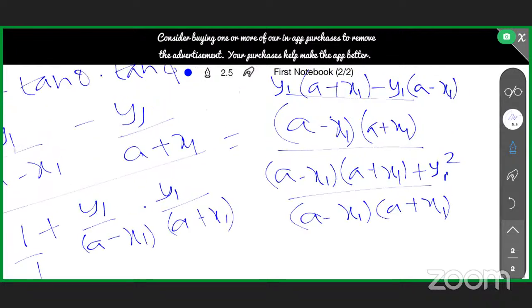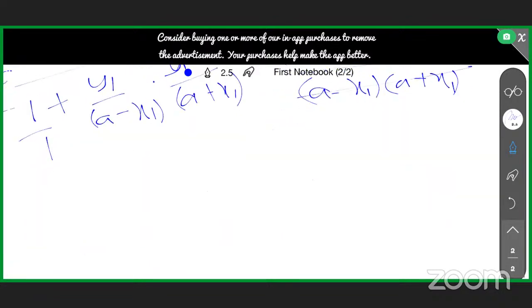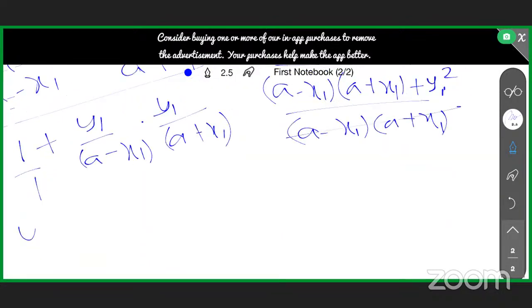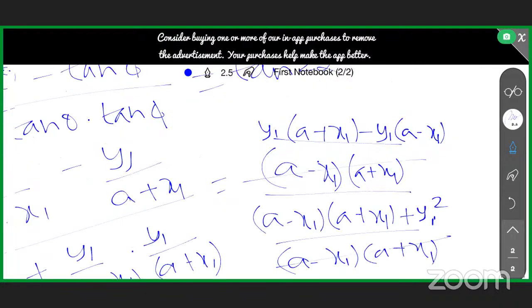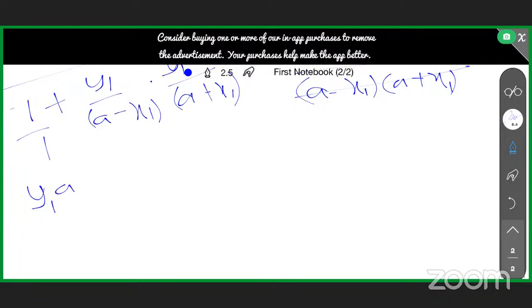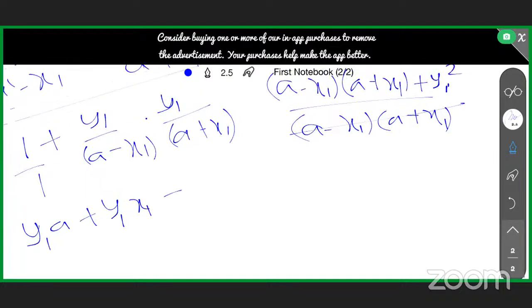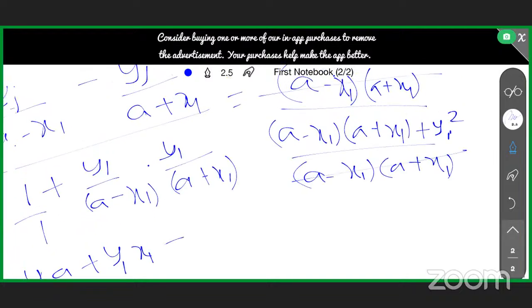Yes, sir. So I'm cancelling both my denominators, as both denominators are the same. The left out will be y1 multiplied with a plus y1 x1 minus y1 a, and in the denominator we can multiply y1 into y1.